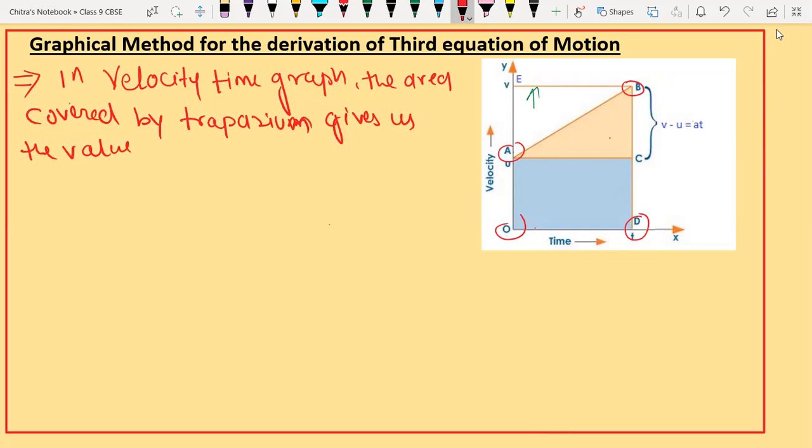Okay, so we also have to write the trapezium's formula here. I'm writing here this trapezium, and it is OA, or we can write it as AODB.